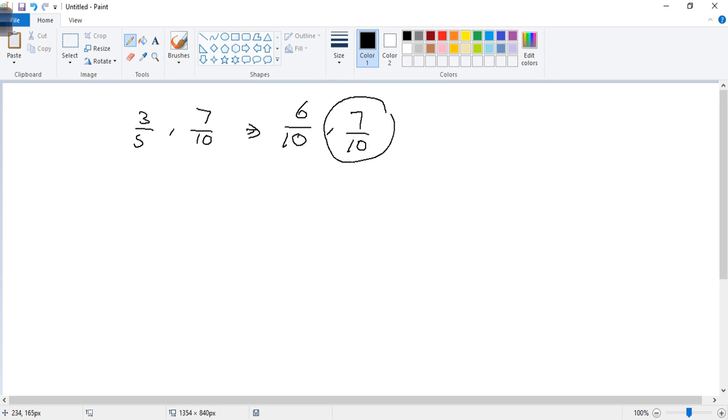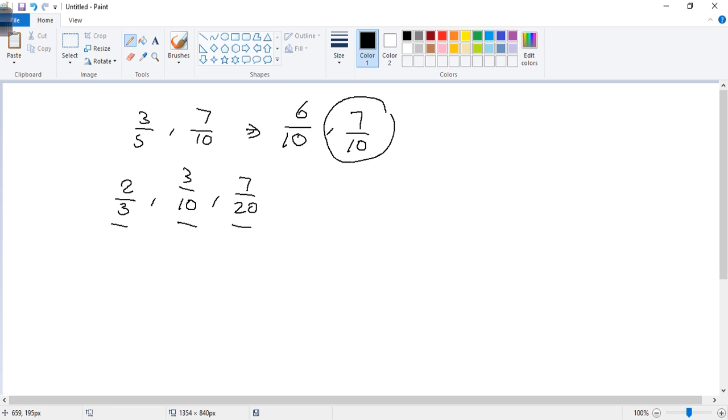If we have another fraction, 2 over 3, and another fraction 3 over 10, and another fraction 7 over 20. We need to find a common denominator between the 3, the 10, and the 20, so they have common ground.